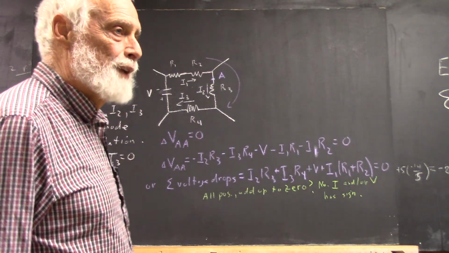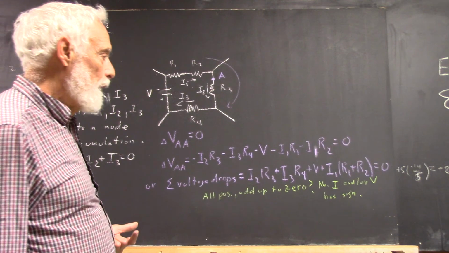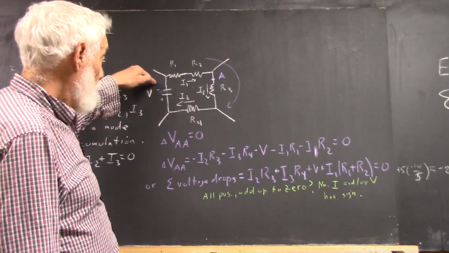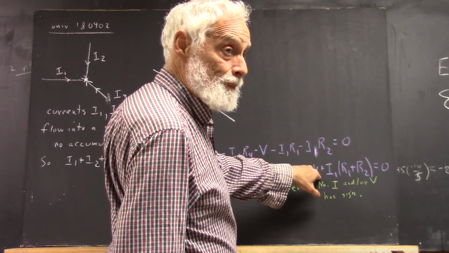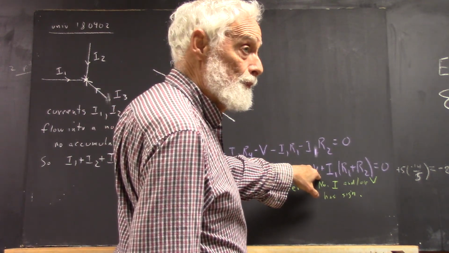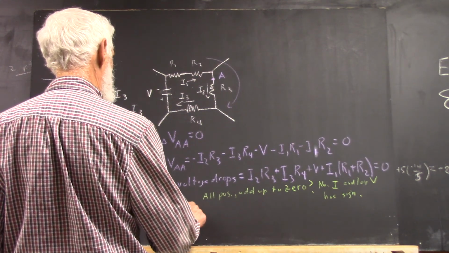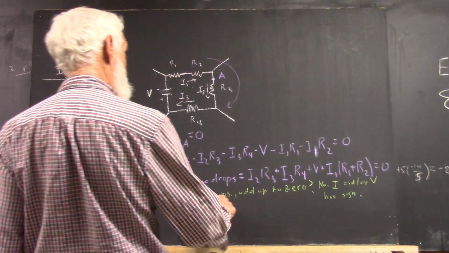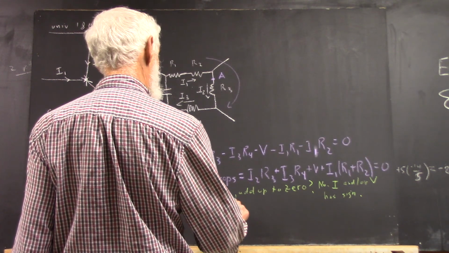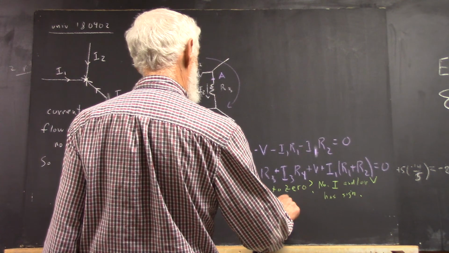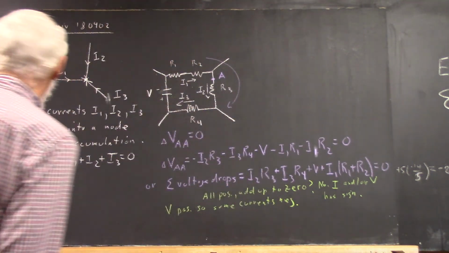Now, I gave you the positive and negative here, right? So you know V is positive. Some of the currents are negative.